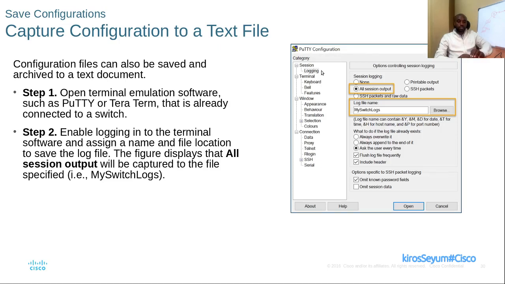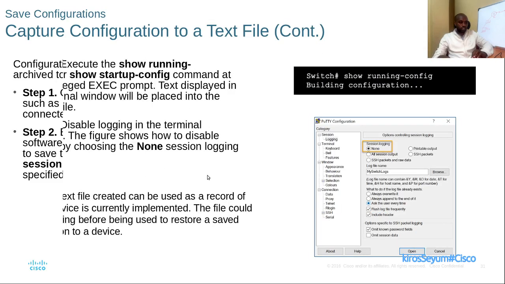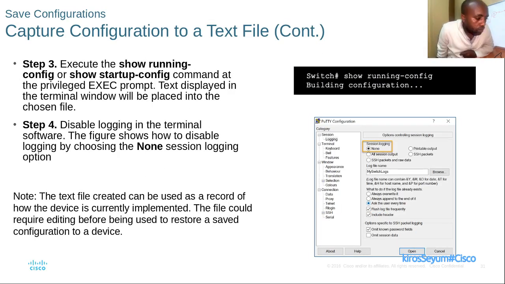You say logging, session output. You may put it somewhere: browse your local folder, and then it will be saved in the local folder on your PC, so that later you can see what you have done, what you have configured. Okay, so these are the steps for saving your configurations.